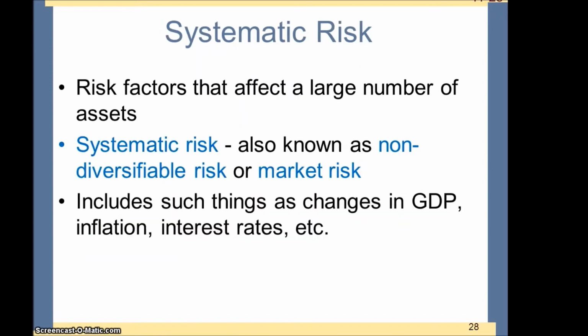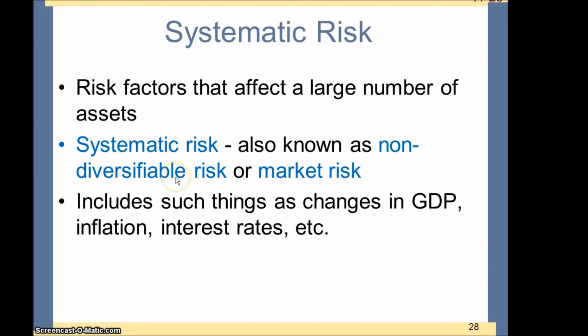Now, there are two types of risk in the market. First, called systematic risk. Systematic risk is a risk that affects all stocks in the market. It is also called non-diversifiable risk or market risk. Systematic risk is undiversifiable. Why?